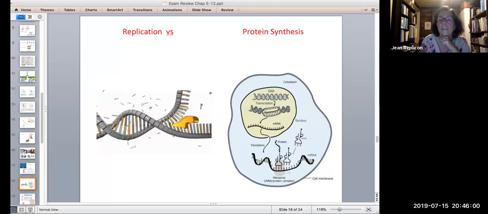Okay. So in translation, what happens is that the codons in the messenger RNA are going to combine with anticodons found on these tRNAs. There are going to be a lot of tRNAs available for this, and the tRNAs are carrying amino acids. They're going to bring the correct amino acid, the one that the code is calling for.